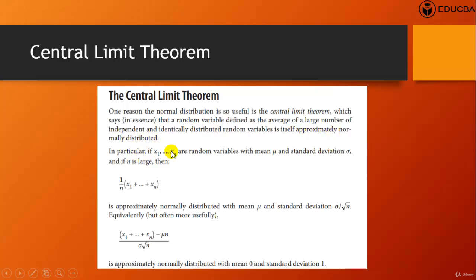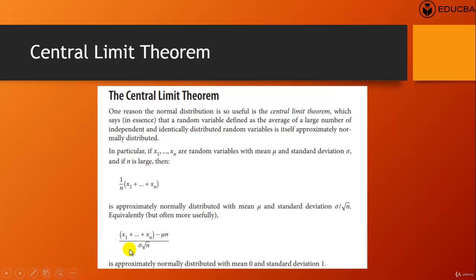So in particular, I can say if I have random variables x1 to xn with a mean represented by mu and a standard deviation of sigma, and n is large, then the central limit theorem can be depicted as 1/n times the summation of x1 to xn, which is approximately normally distributed with mean mu and standard deviation sigma divided by square root of n.